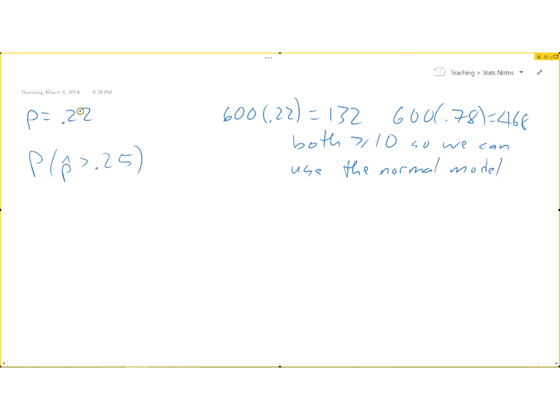All right, well, here's our mean, our p. This is equal to the mean of our p hats, and then I need to do the standard error, which would be the square root of p times 1 minus p, which would be 0.78, which is what I did over here, over 600. So I'll have to do that on my calculator.